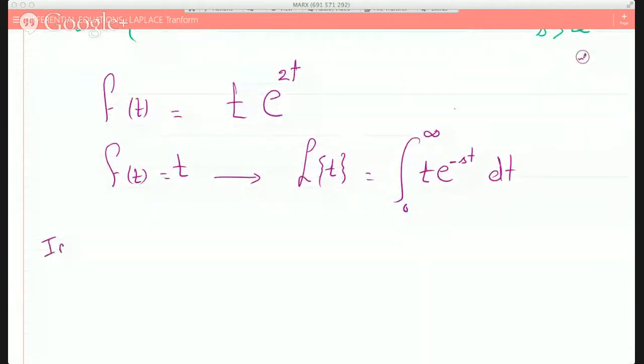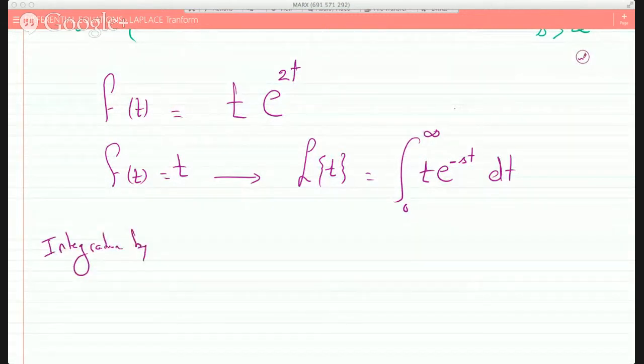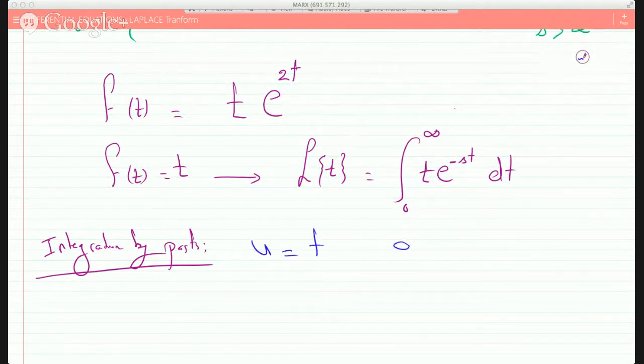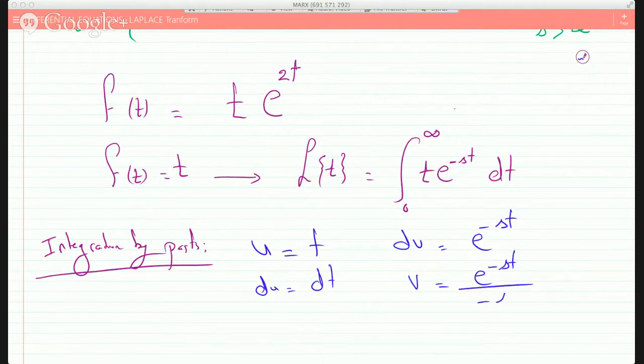So integration by parts. So u is what? u is t, dv is e to the minus st. So du will be dt, and v will be e to the minus st over negative s.